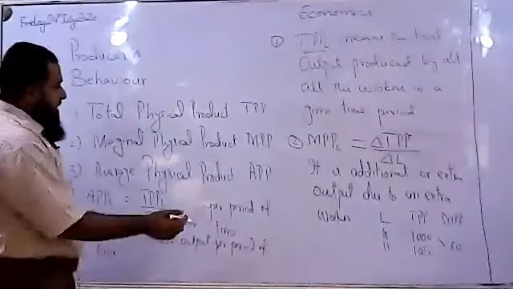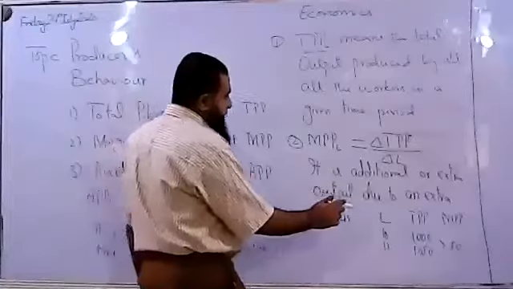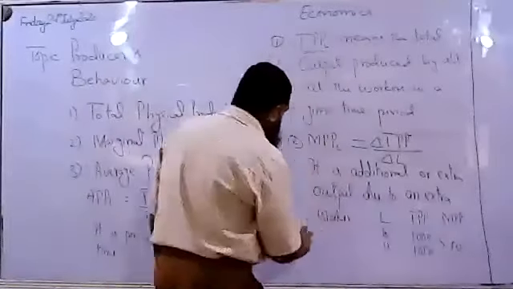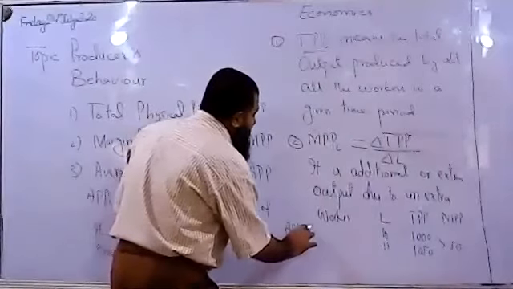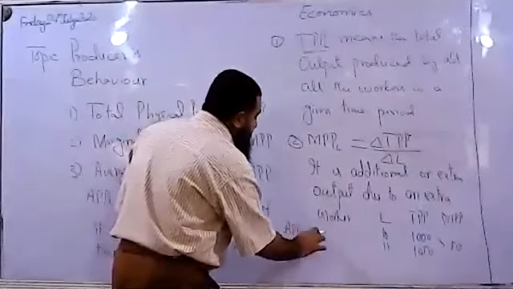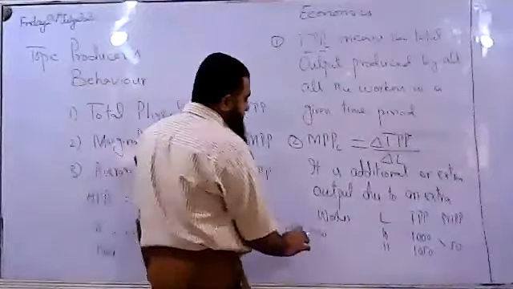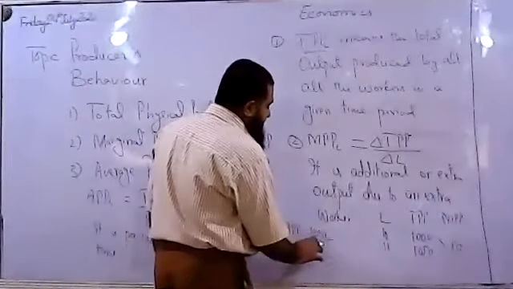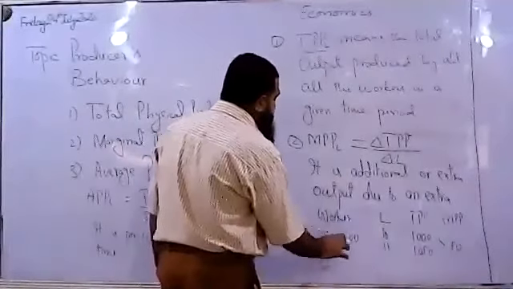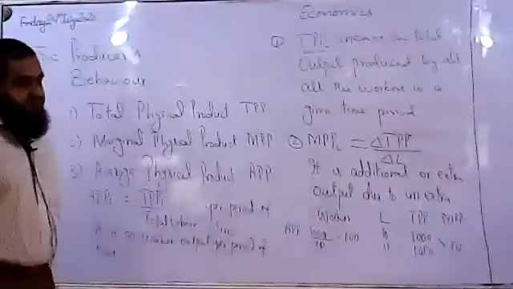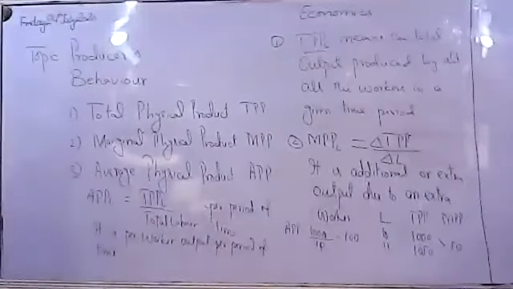Like if I say the workers have produced 1000 units, and these units are produced by 10 workers, how much is the productivity? Each worker has produced 100 units on average. This is called per worker output.